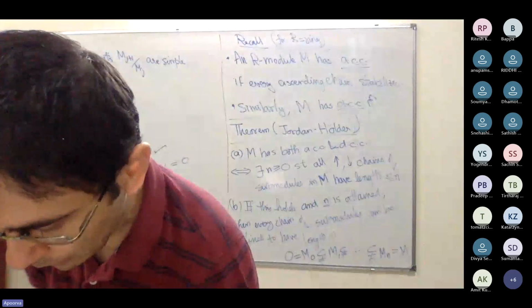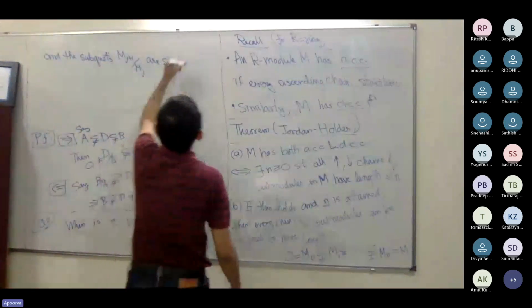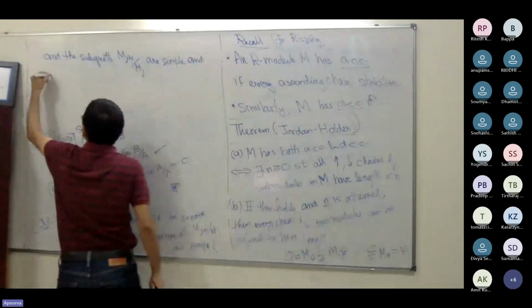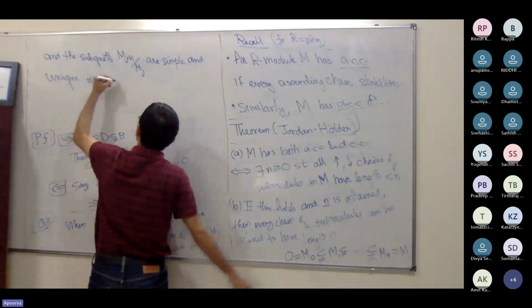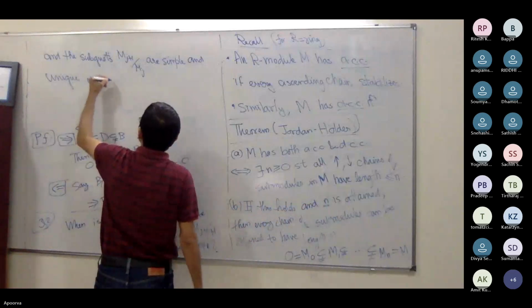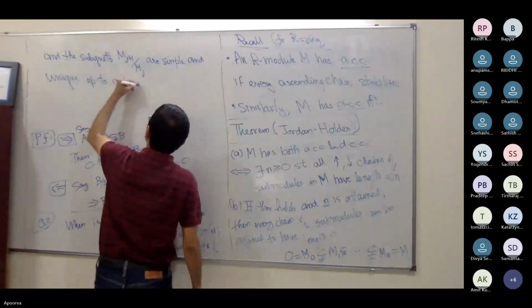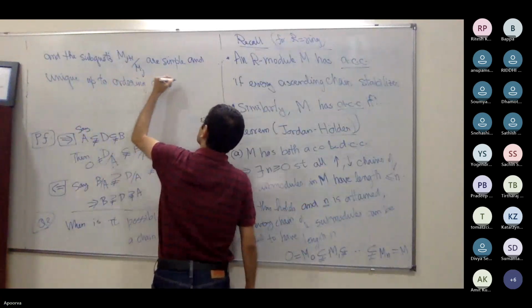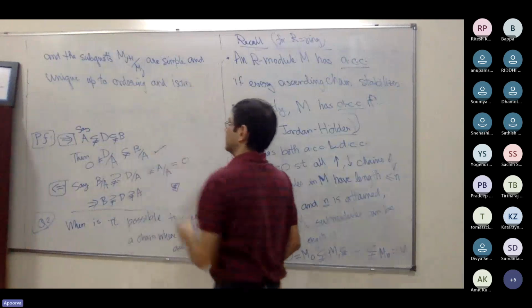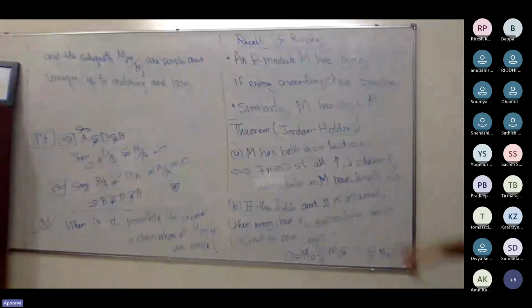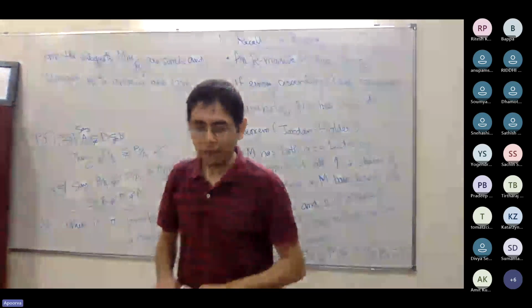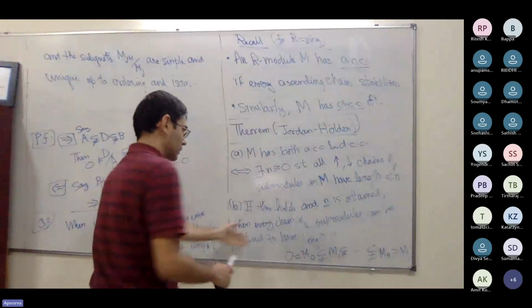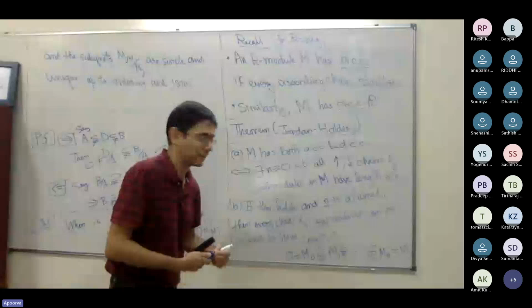So they are simple and uniquely determined up to order and isomorphism. This is the Jordan-Hölder theorem, and this is what we are going to use now to guarantee that every object has finite length. The moment you have this, we say the length is n, finite.